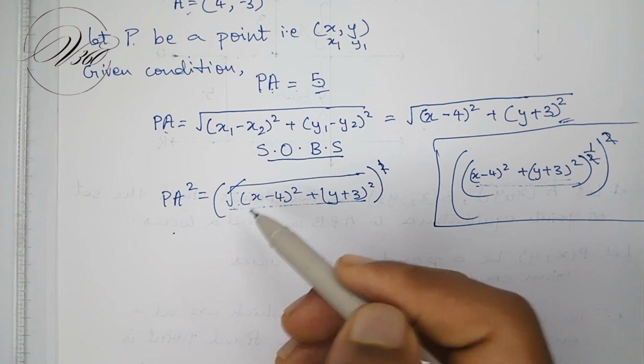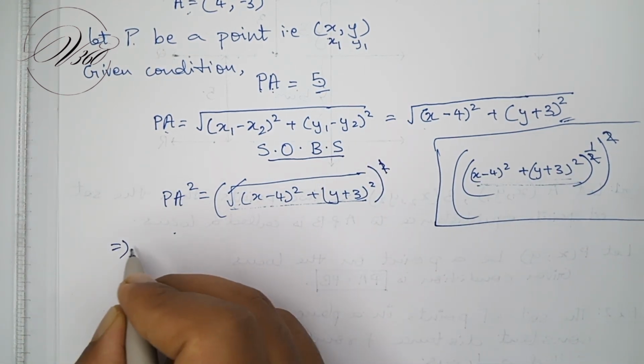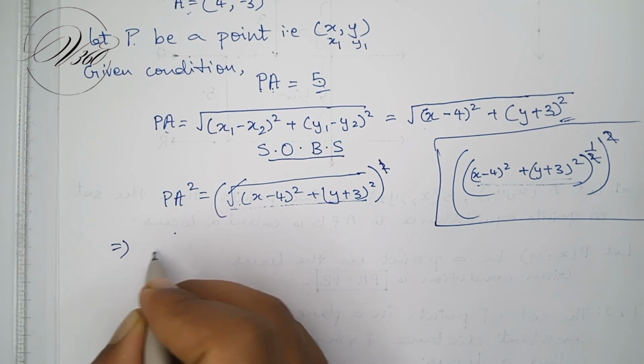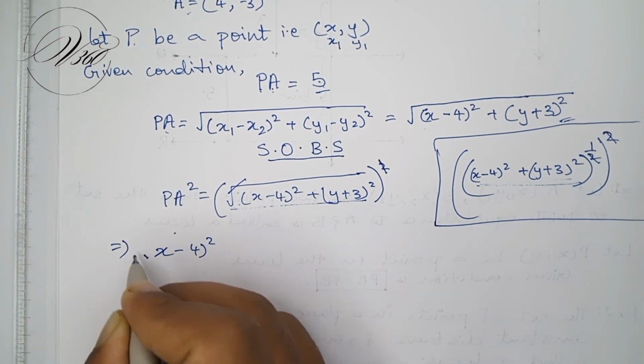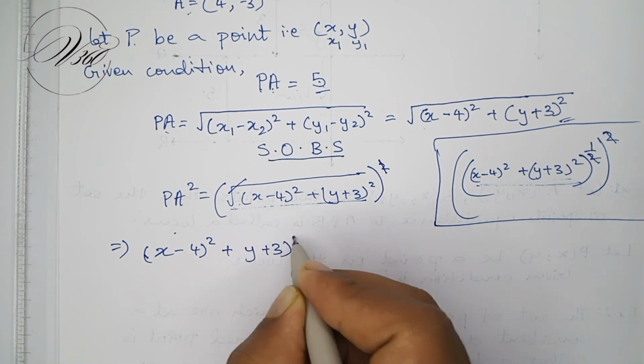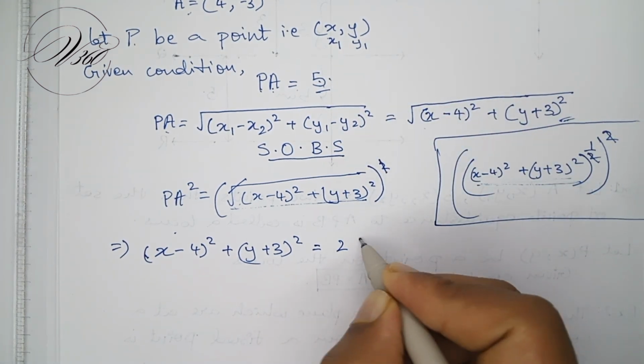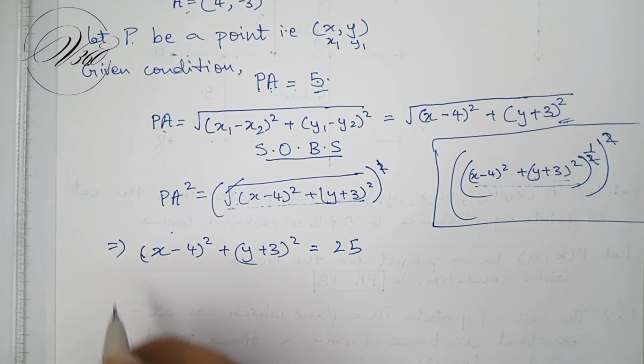What is 5 square? 5 square is 25. Now here we will directly write that (x minus 4) whole square plus (y plus 3) whole square is equal to 25. I hope you all understand.